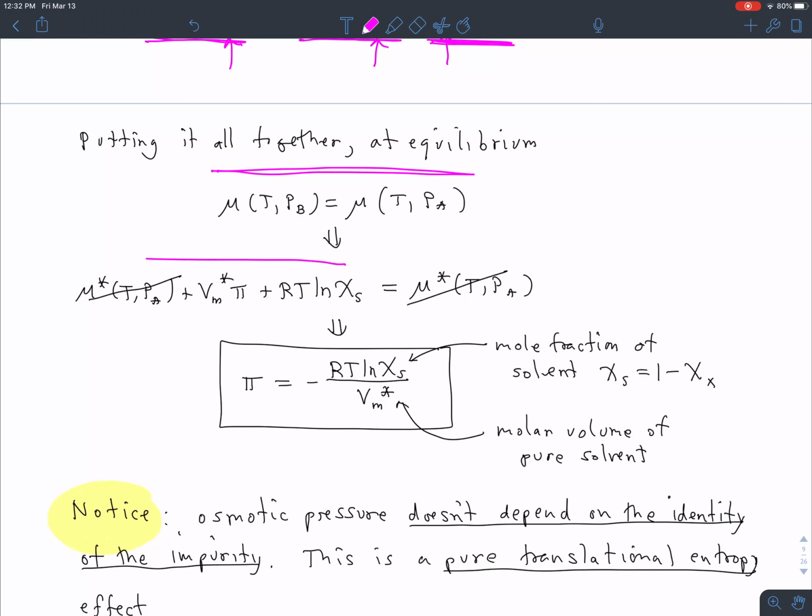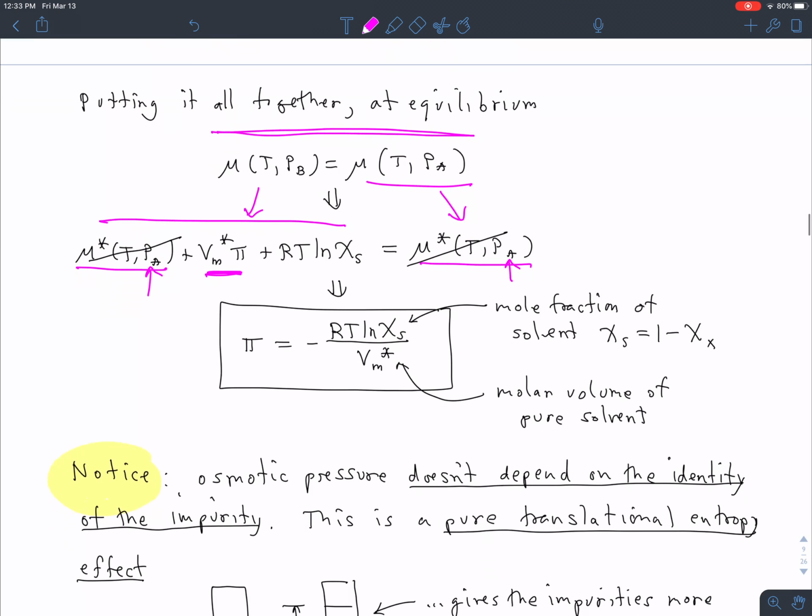We get that the chemical potential on side B is this, chemical potential on side A is that. That standard state chemical potential at pressure A is now the same as that standard state chemical potential at pressure A. There's the difference term. And after solving, there's 0 on this side, this stuff on this side.